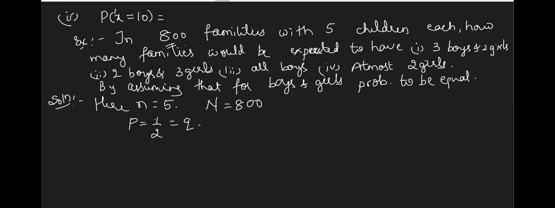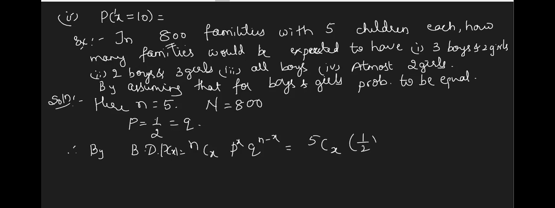Now here, let us apply the binomial distribution. Therefore, by binomial distribution, we have NCX, P raised to X, Q raised to N minus X. Substitute for P, Q and N. So what will you get? 5CX, P is half raised to X, Q is half raised to 5 minus X.